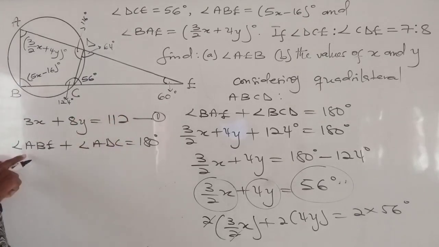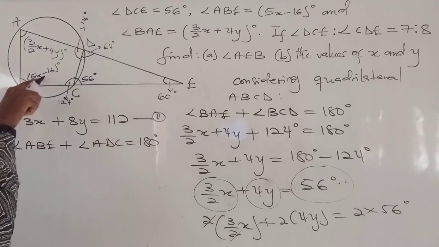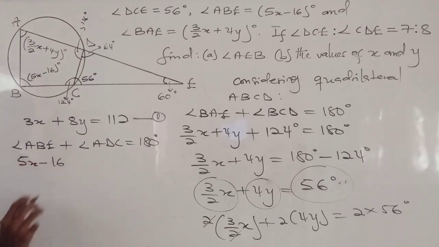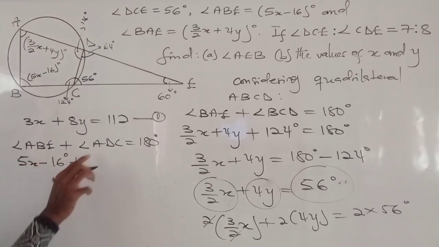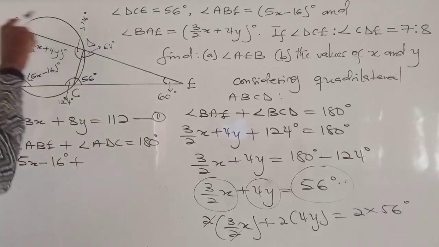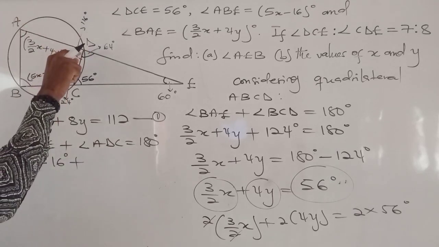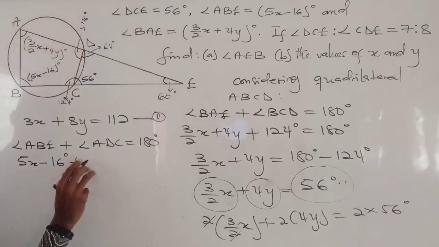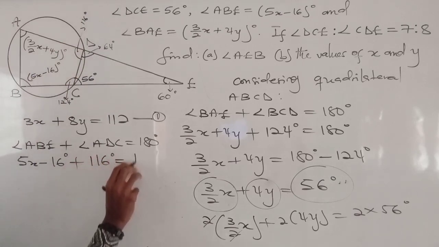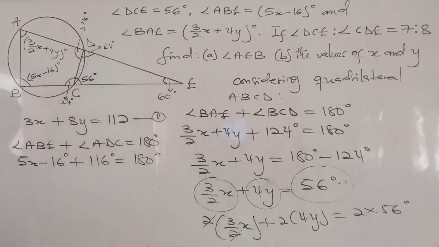So we have that the angle ABE is given to be 5s minus 16 degrees. So in place of it, I'll put my 5s minus 16 degrees there, then plus the angle ADC. We saw for angle ADC, talking about the angle here, which is 116 degrees. So plus 116 degrees equals to 180 degrees. I hope you understand and agree with me up to this point.